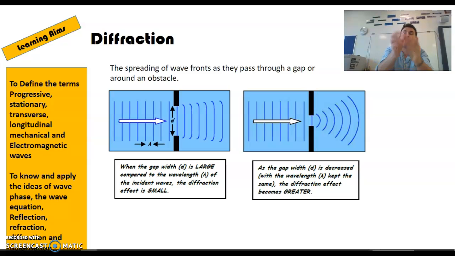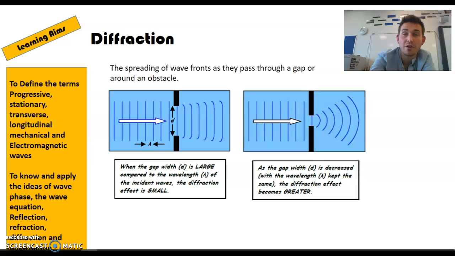You squeeze its neck and then its head gets bigger. Think about it just because it's true. Effectively, the closer d gets to lambda, the more spread out the waves will be. And when d equals lambda, that's the maximum point of diffraction.